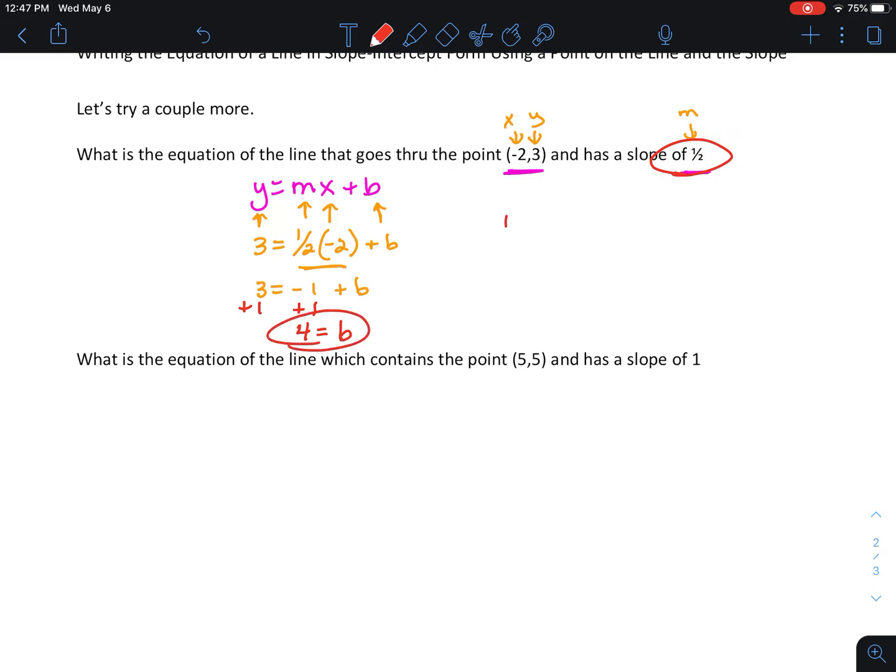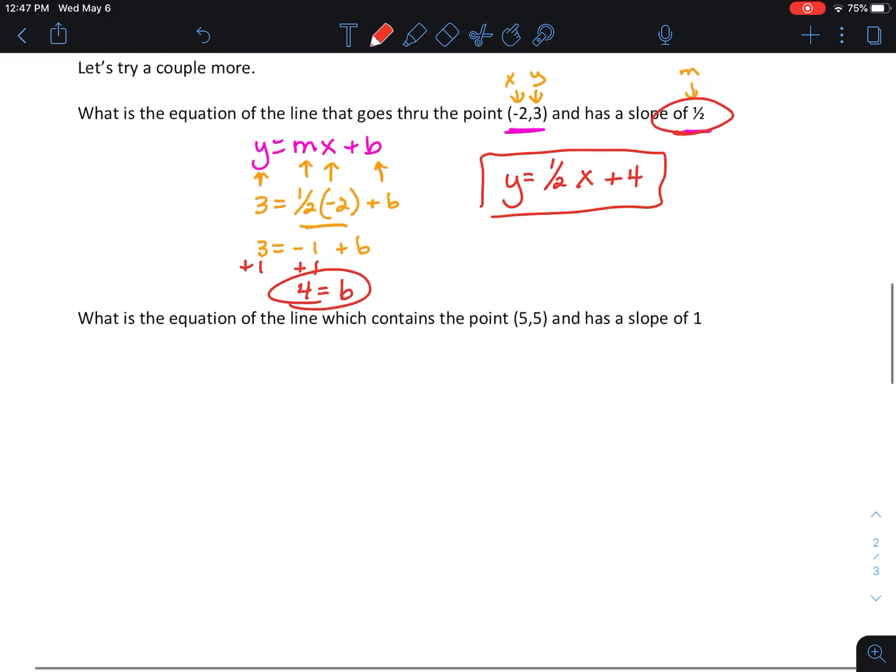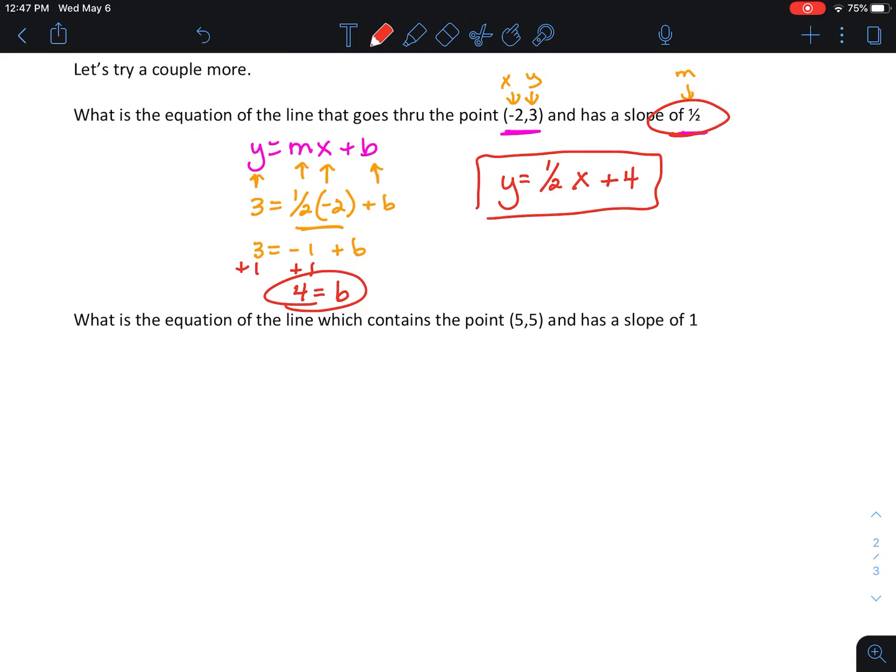Now it's time to write the equation. y is equal to mx plus b. Okay, so y is equal to 1/2 x plus 4. That's the equation of the line that has a slope of 1/2 and goes through the point (-2, 3). We just followed along with those 4 simple steps.